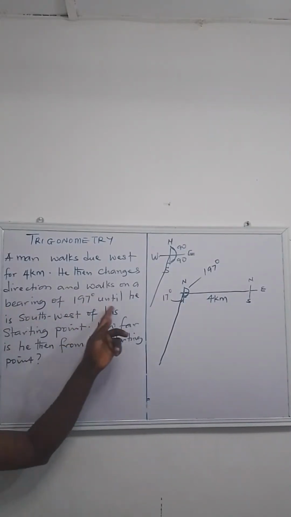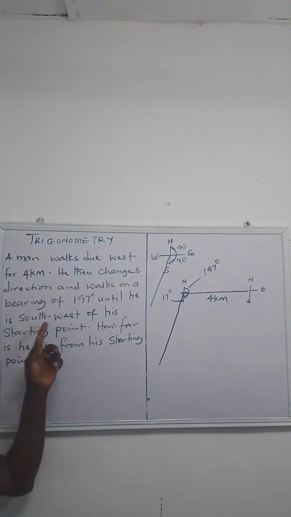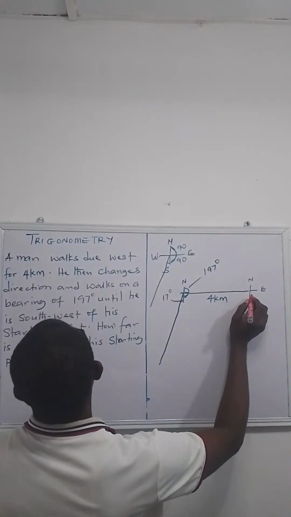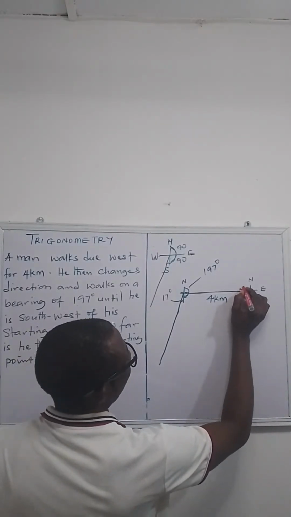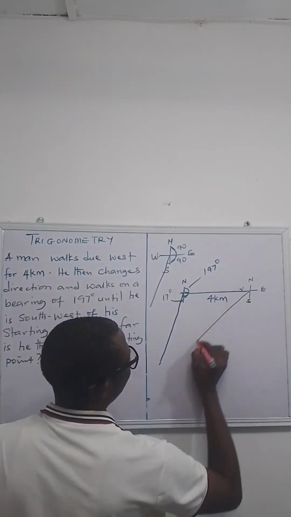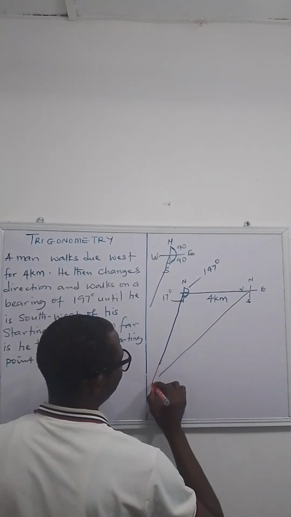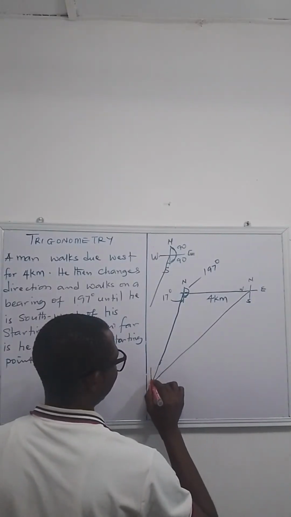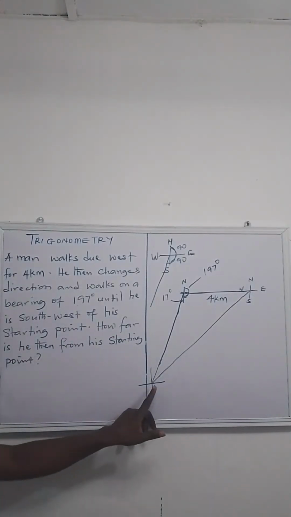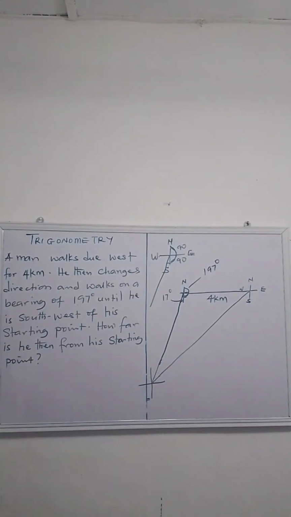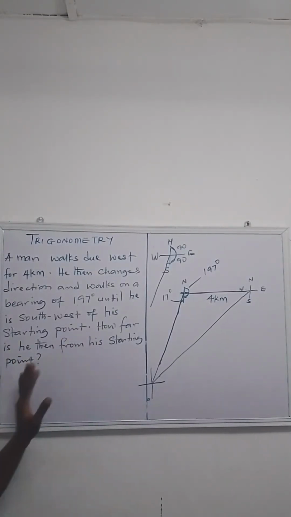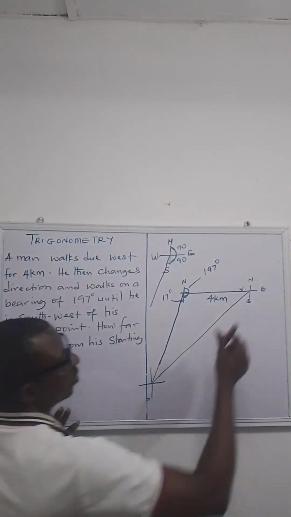So after changing direction, he walks on this bearing until he is southwest of his starting point. This is west, this is south. So it's now here, southwest of it. So we can draw it down this way. Okay, so the man is now here. How far is he from his starting point?